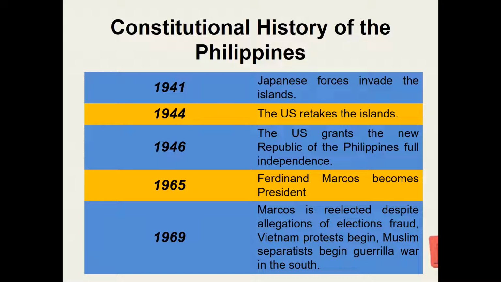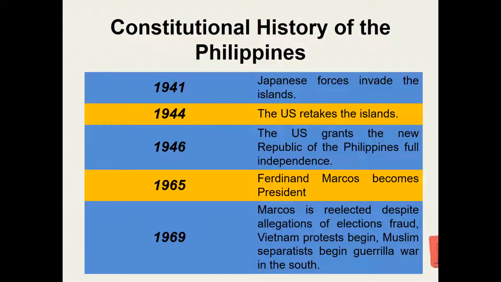During the Spanish colonization, we were under the King of Spain. But in both the Japanese government and the U.S. government, we were not under the President of America or the head of state of Japan. We were merely occupied by these two countries. So the proper term would be American occupation and Japanese occupation, not colonization.